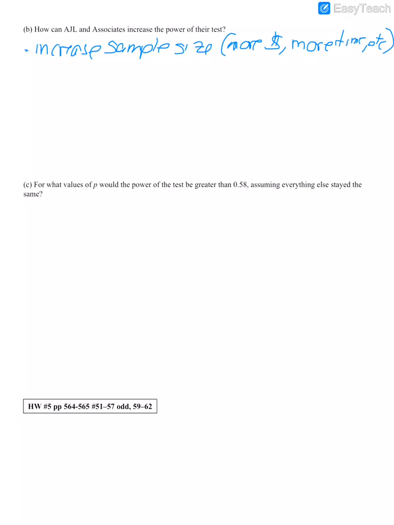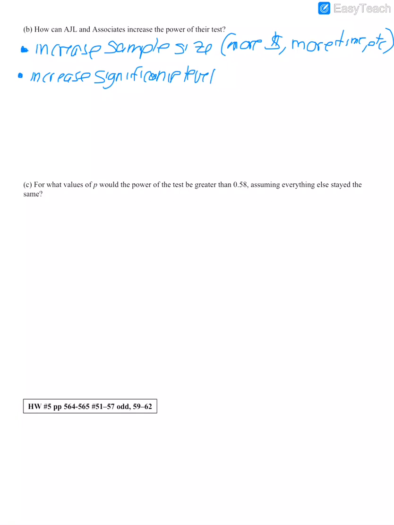Okay. All right. Another thing you can do to increase the power is increase the significance level. So you could increase your alpha or significance level. Okay.